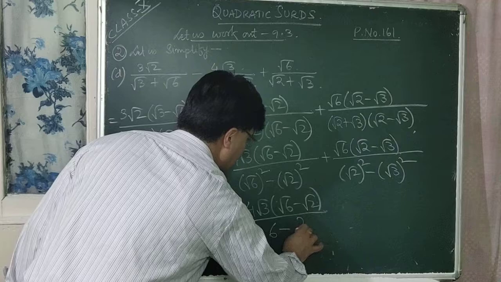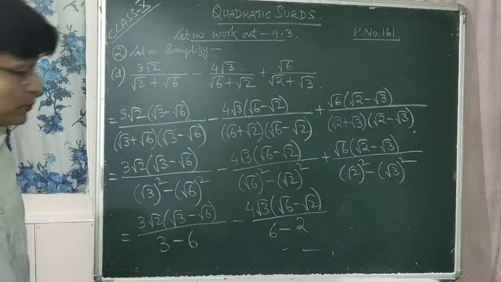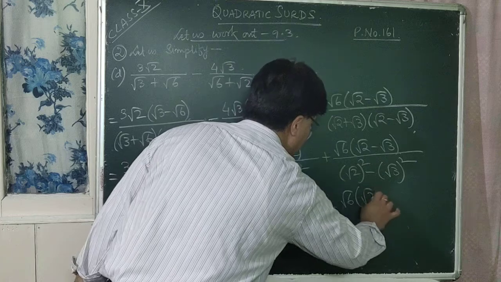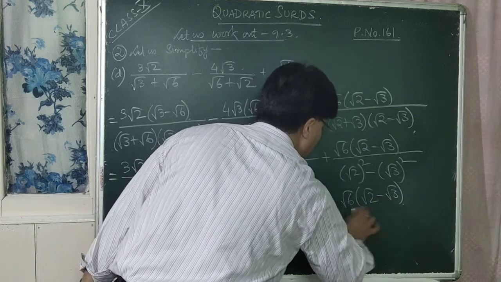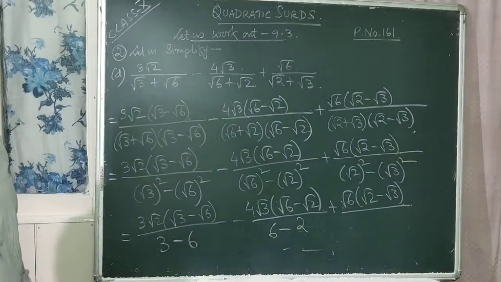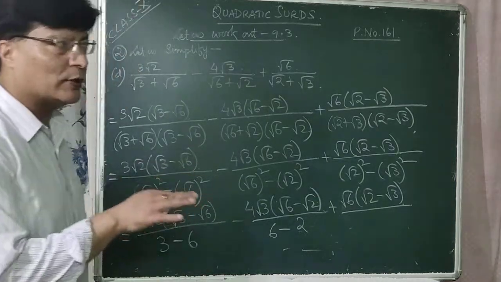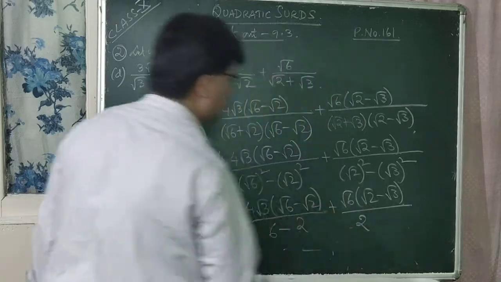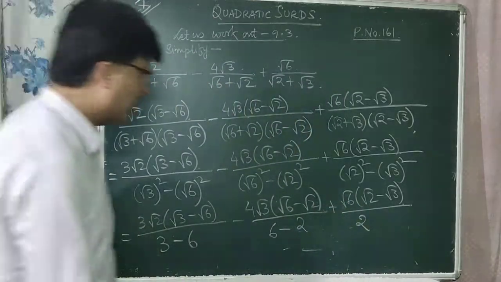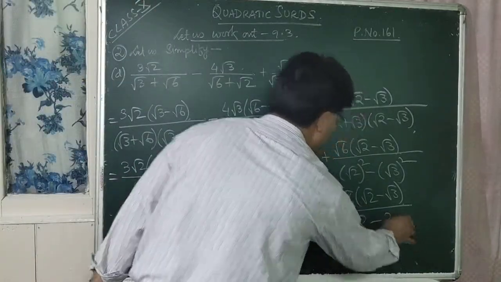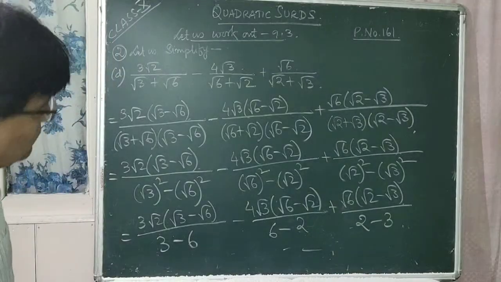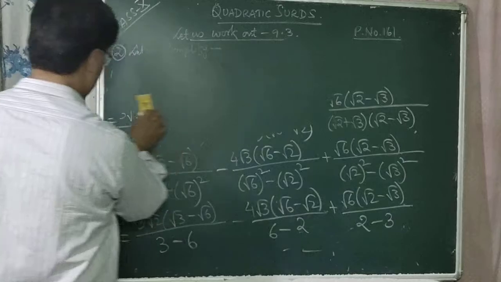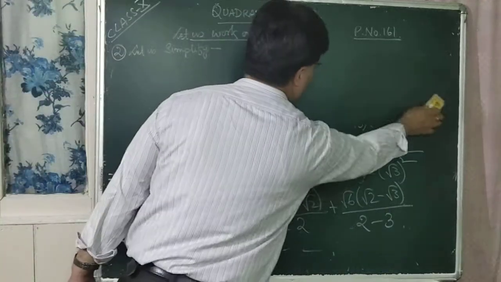It is 6 minus, what is root 2 whole square? It is 2, plus root 6 within bracket root 2 minus root 3, whole divided by, what is root 2 whole square? Root 2 into root 2 is root 4. What is the square root of 4? It is 2 only, so the square root is removed. Minus, similarly, what is root 3 whole square? It is 3. So now let us simplify it.